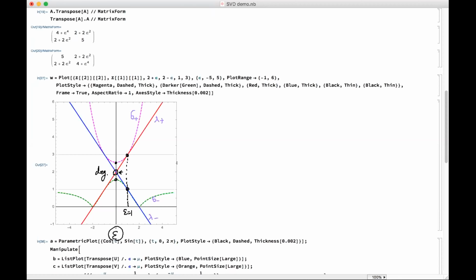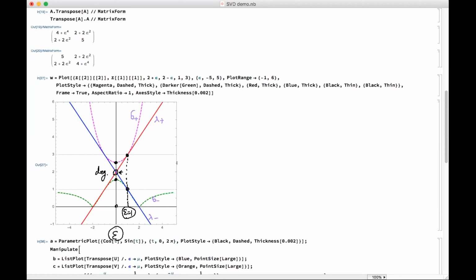So at epsilon equal to 0, the system is degenerate, non-diagonalizable, but the singular value decomposition is still valid. And at epsilon equal to 1, the system becomes Hermitian, and the singular values and the eigenvalues are the same, and SVD reduces to the eigen decomposition.